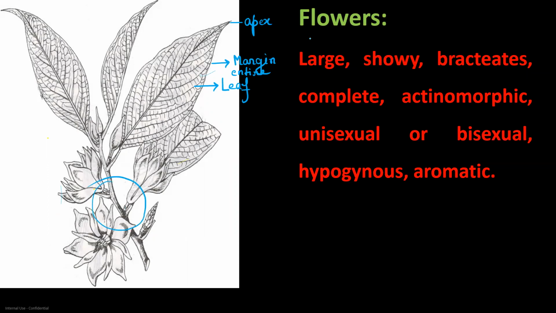Now coming to the flowers. Flowers are large, showy, bracteate, complete, actinomorphic, unisexual or bisexual, hypogynous, and aromatic. And remember, they are shortly pedicellate.